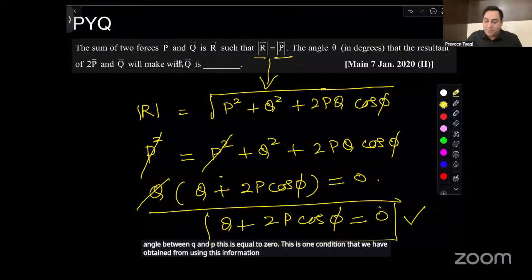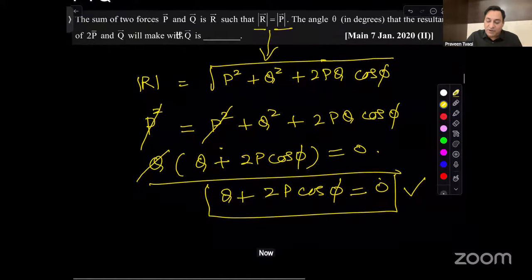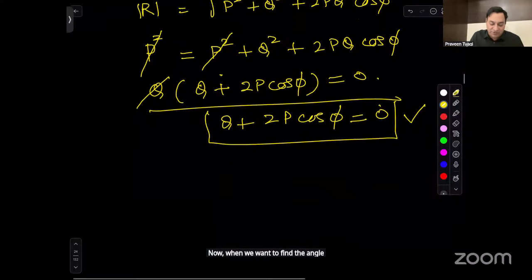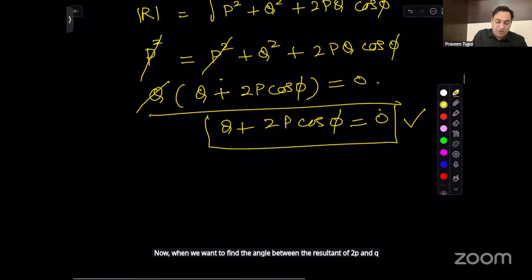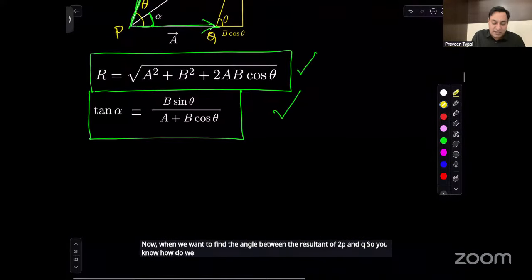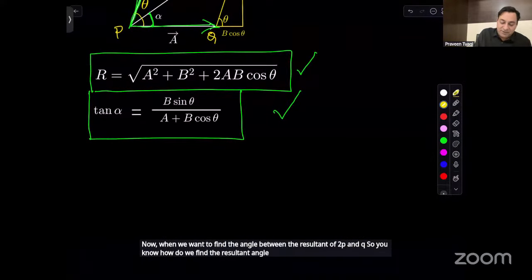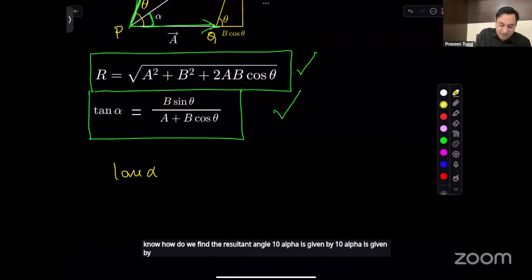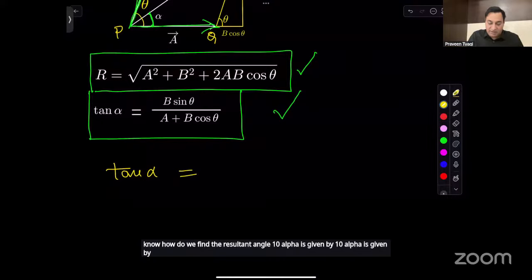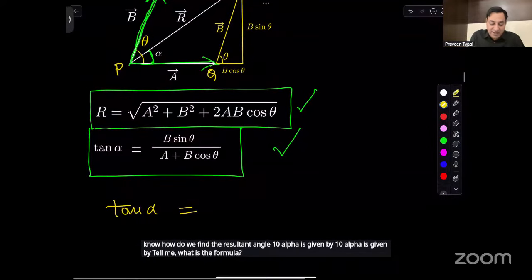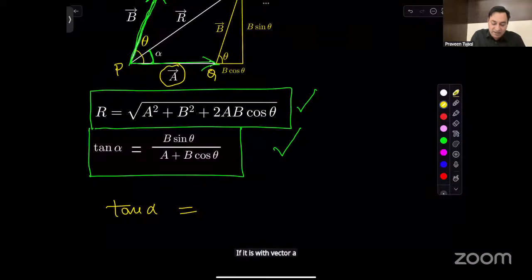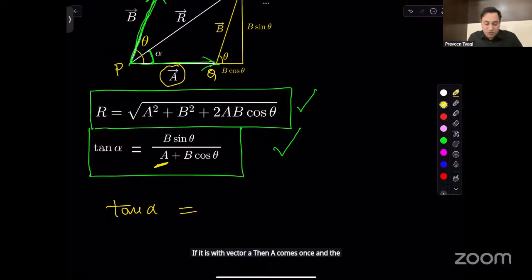This is one. Now, when we want to find the angle between the resultant of 2P and Q, you know how do we find the resultant angle? Tan alpha is given by, tell me, what is the formula? If it is with vector A, then A comes once and the other vector comes twice.